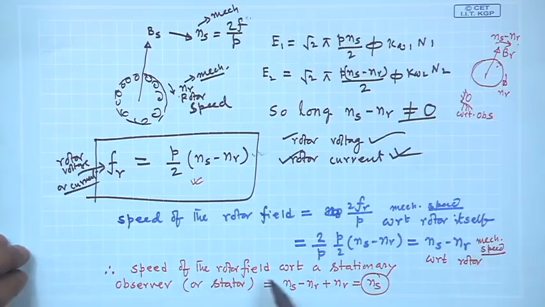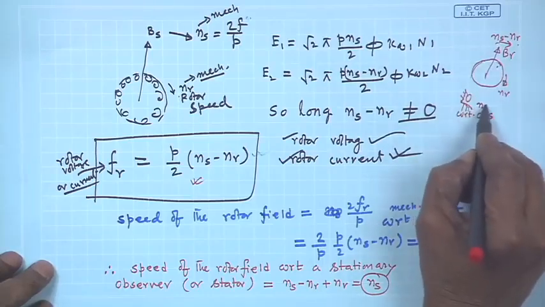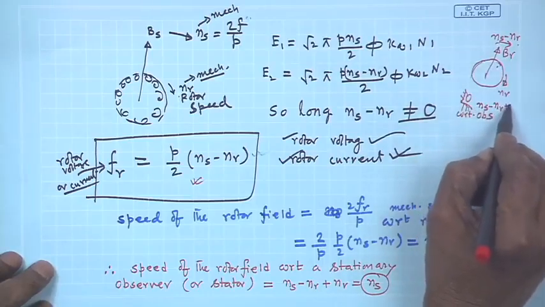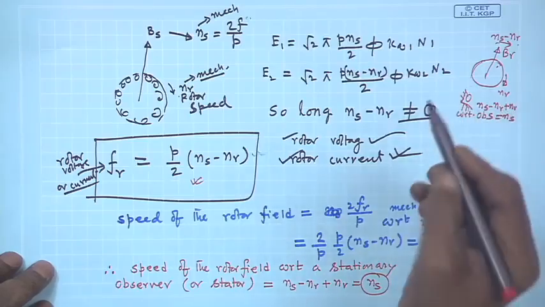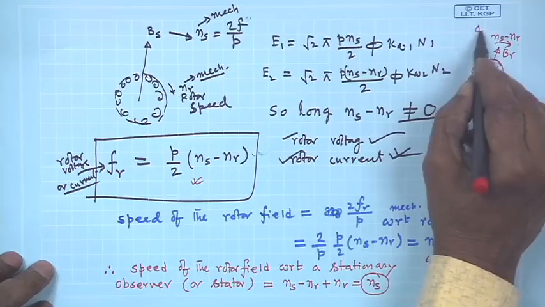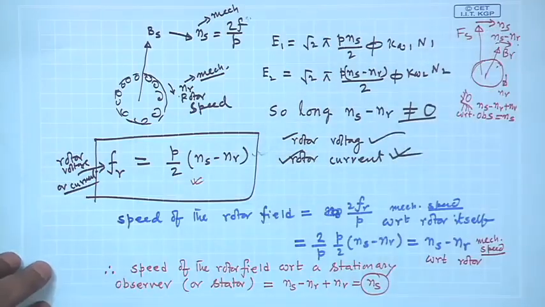So, the speed of the rotor field with respect to a stationary observer will then be, as the rotor is also moving, Ns minus Nr plus Nr, which is equal to Ns. And the stator field in any case is moving with Ns. That we have already concluded, because the frequency of the stator current is always f, it cannot be other than f.